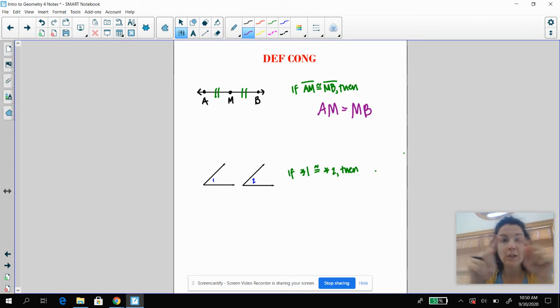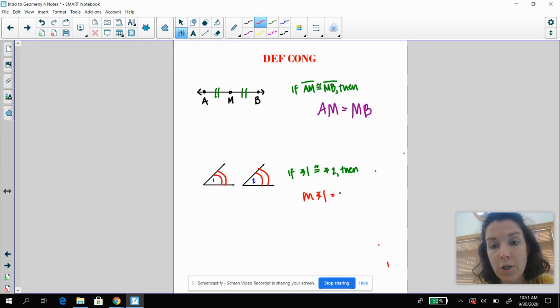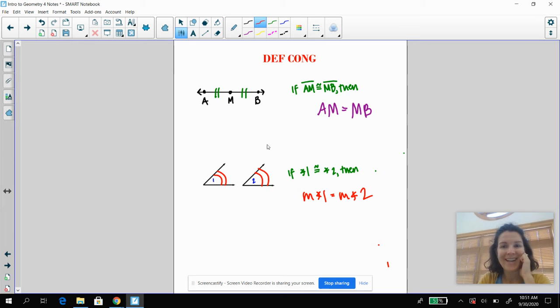And remember, measurement means no line on top. Same thing with the angles. So if I'm told that angle 1 is congruent to angle 2, then I know that the measurement of angle 1 is equal to the measurement of angle 2. Good? All right, moving on.